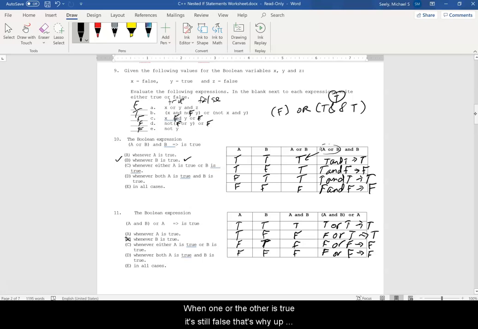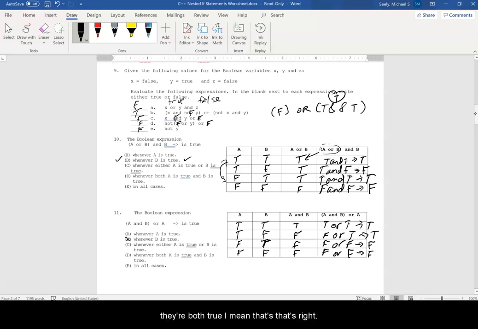That's why up here, whenever A is true or B is true, you know, up here C actually does work for this one and this one. But still, I think B is the best answer.